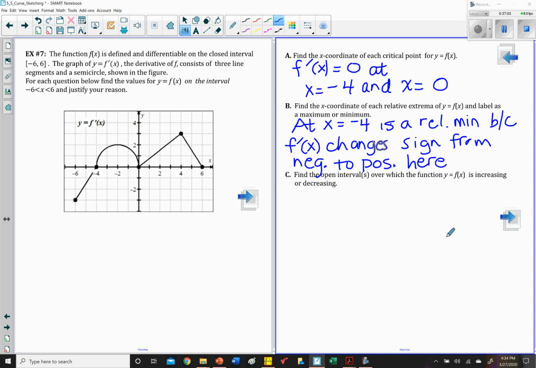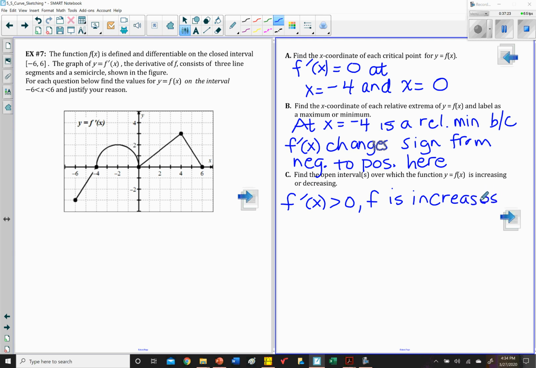Find the open interval over which the function is increasing or decreasing. Well, where f prime is positive, we know f is increasing. Where does that happen?